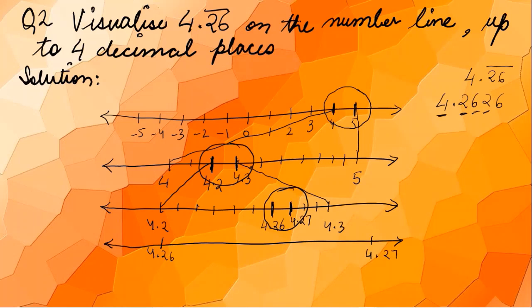Now here 10 divisions will be there. We want after 4.26 we want 4.262. So this will be 4.262 and this point will be 4.263. So your magnifying glass is over here.